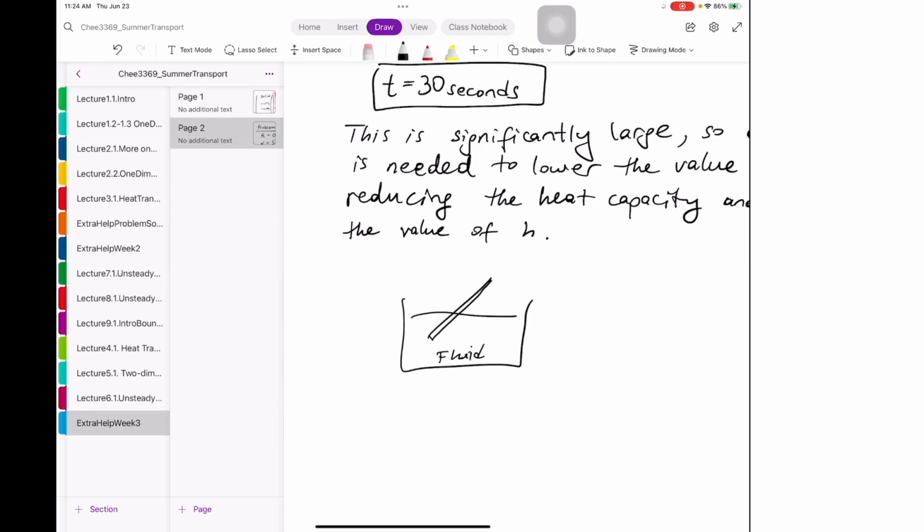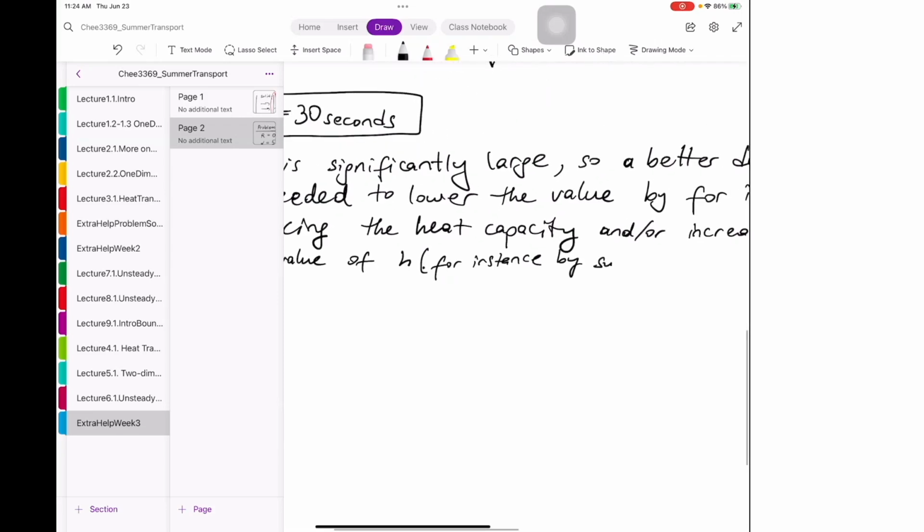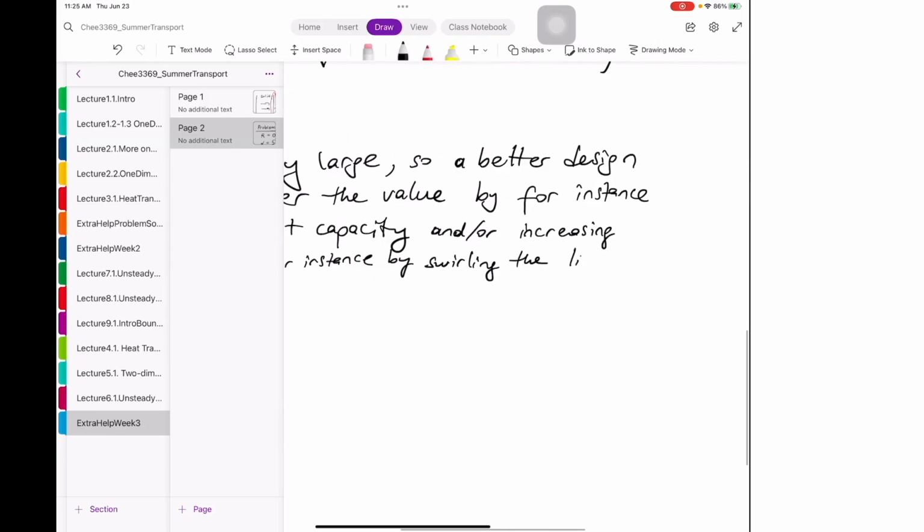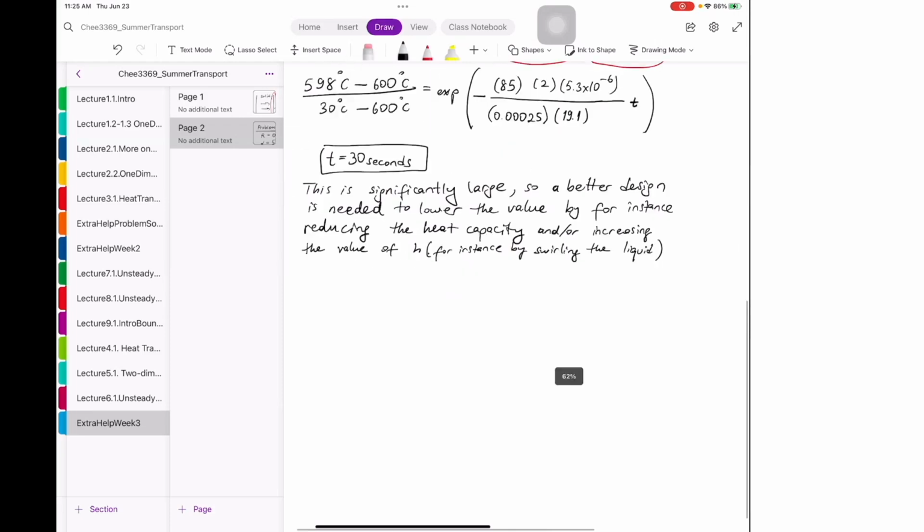Instead of just dunking your thermocouple, you may want to swirl it around so that it mixes well and the H becomes larger and the time it takes is going to get smaller, right? For instance, by swirling the liquid. Okay, there you go.